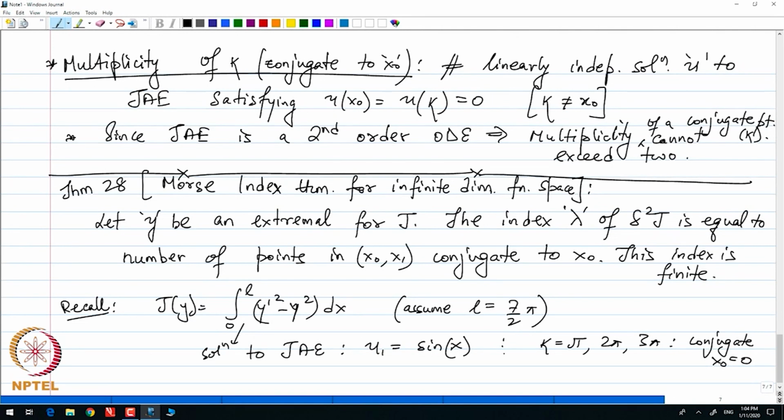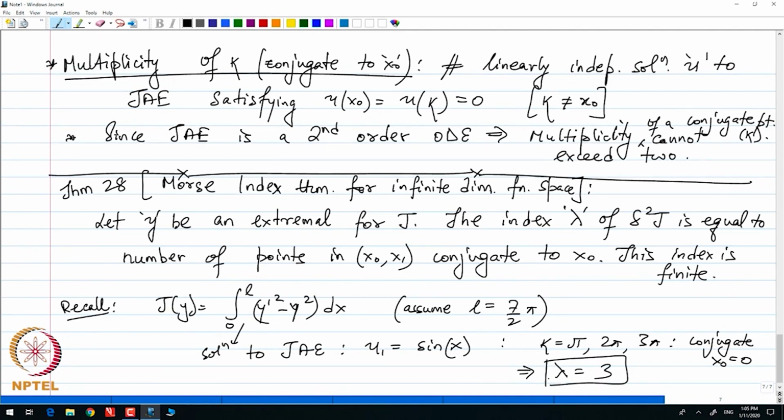So, the conclusion here is that the Morse index for this function space is 3, and that tells me the maximum dimension of the subspace where the second variation is negative definite. So, my Morse index lambda here is 3.